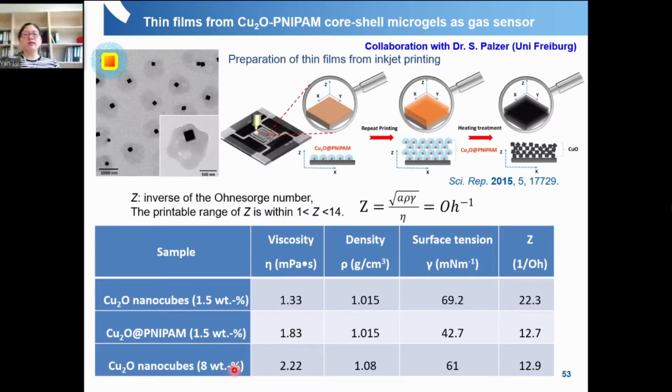After coating with the polyNIPAM network, you need only 1.5% of the particle. So you need much less particle to get this printable behavior and to have a homogeneous layer of this gas sensor material. So you can see it in this printable range.